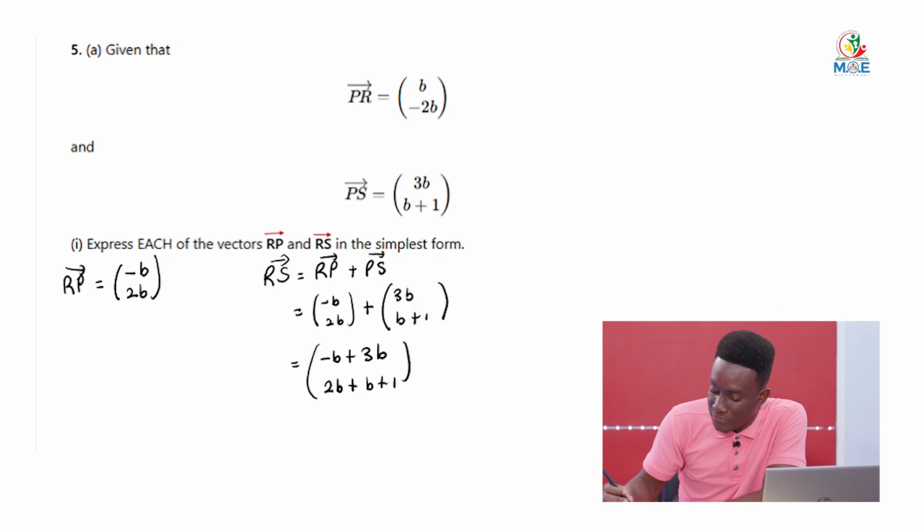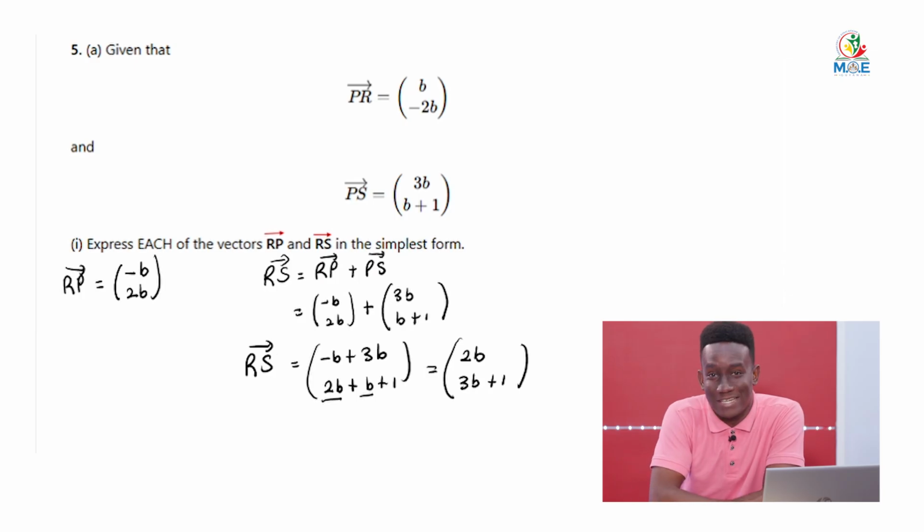Negative b plus 3b, negative 1 plus 3, would give us a positive 2, so this will be 2b. Then 2b plus b gives 3b plus 1. This is the vector RS, (2b, 3b+1). As easy as that, and that is our answer for RS.